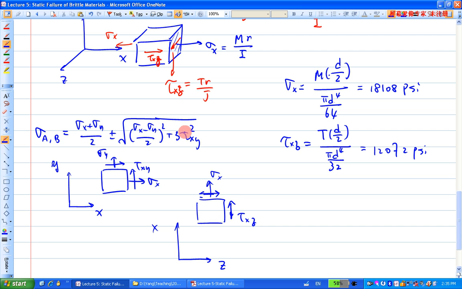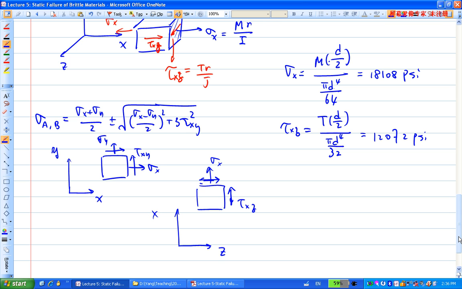But it really doesn't matter because there's a square here, so the arrow may be different from the general state, but it'll be canceled out when you take a square here. Is that right? So basically, when you plug the state of stress into the general formula, to be more precise, you want to have a one-to-one comparison here. So if I plug it in, what I'm going to get is sigma AB in my case.